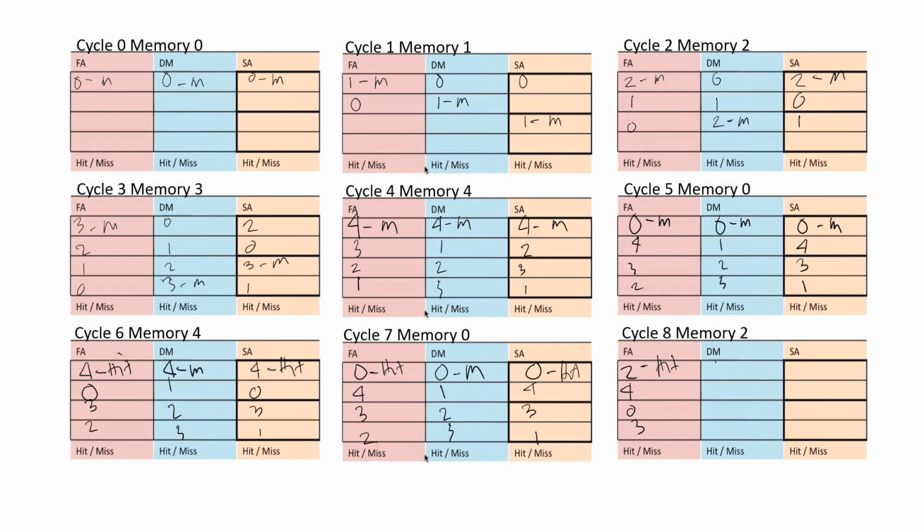Okay: 0, 1, 2, which is a hit, because it's easy to place, and of course 3. But for set associative, the incoming is 2, so even, so 3 and 1 there, and you can see that 2 is not a hit, so it's a miss, and then 0 is placed, kicking out 4.